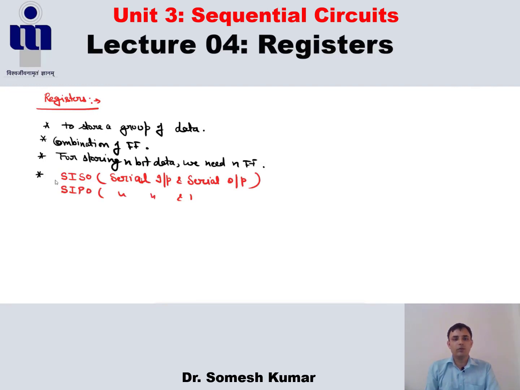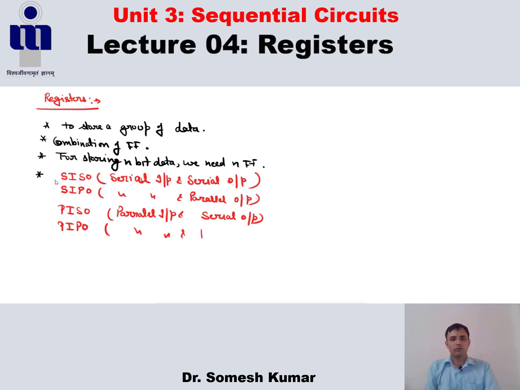The next combination is parallel input, serial output. The next classification is parallel input, parallel output. So these classifications are based on the type of inputs and the outputs.